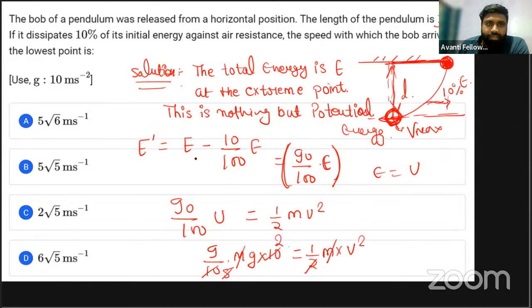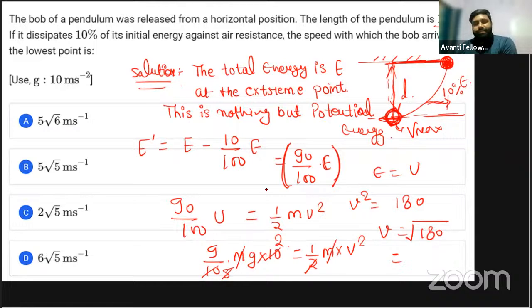So v square that you will have here is, just a second, 9 into 2 is 18. Got it? This is mg, and g we also have, so we have 10 extra. So v square will become 180, and v will become square root of 180.